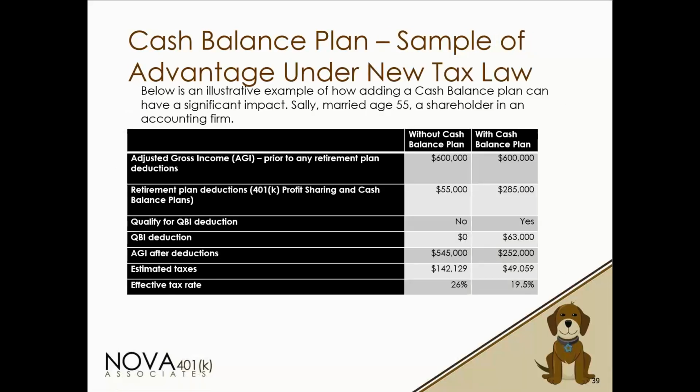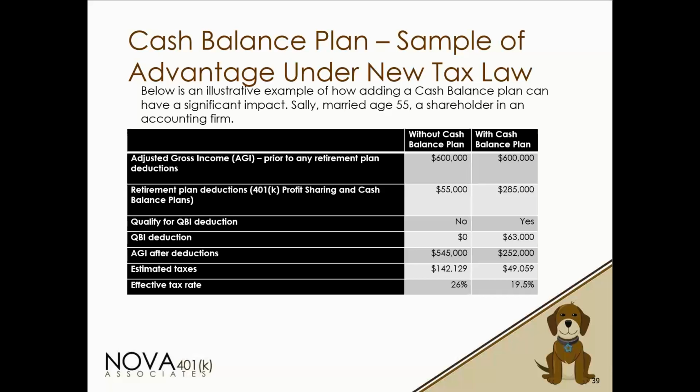But here's an example. Adjusted gross income of $600,000. And we have an example with and without a cash balance plan. Without the cash balance plan, the deduction is $55,000.